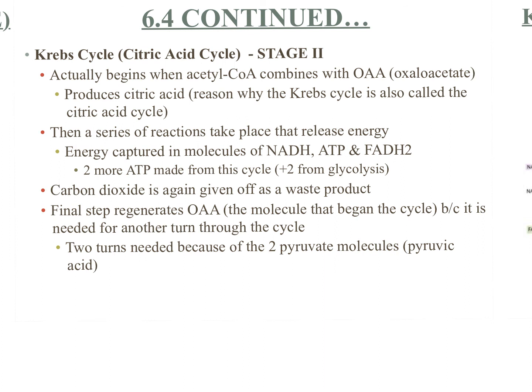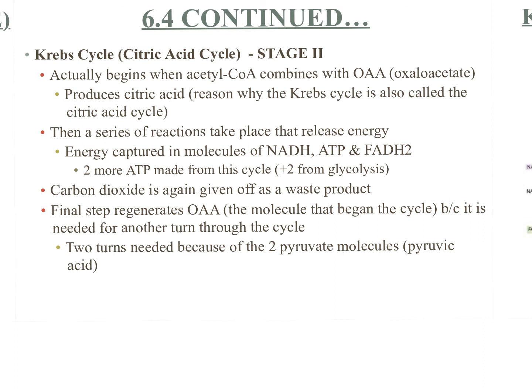So now you got the Krebs cycle, right? It actually begins with that acetyl coenzyme A, and that's going to be converted into citric acid, or citrate. And by the way, there's more detail that could go there, but during this reaction, you're going to have energy released, and we're going to have more electron carriers, so NADH and FADH2, plus 2 more ATP.